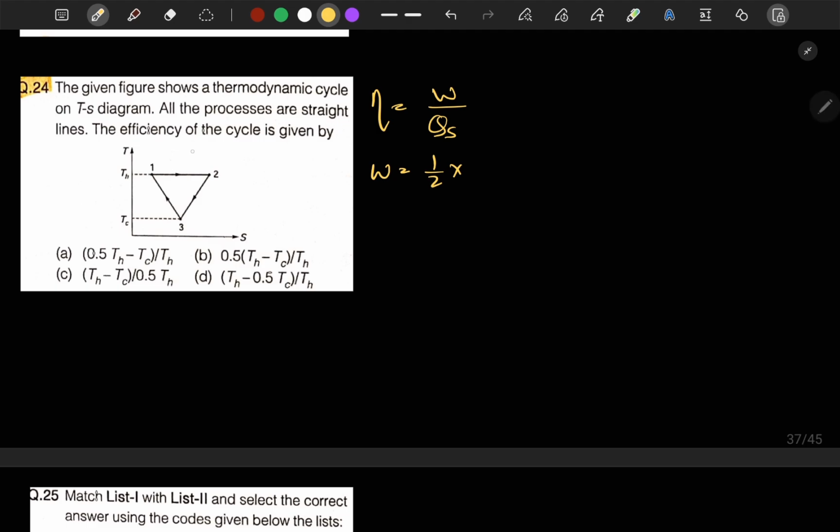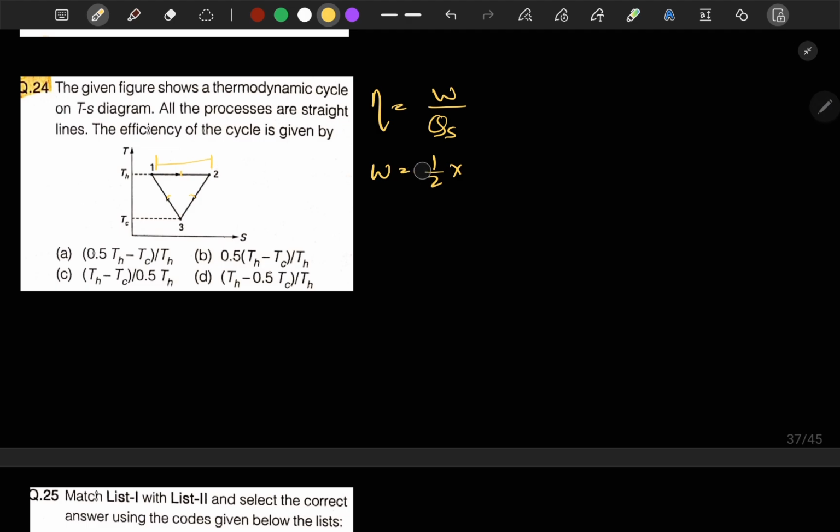So all the processes are lines. Let me think for a moment. This dimension is not mentioned here, so we can use a separate method.